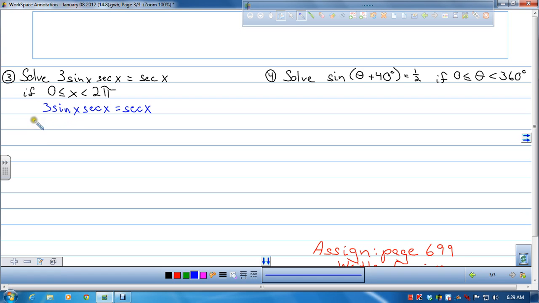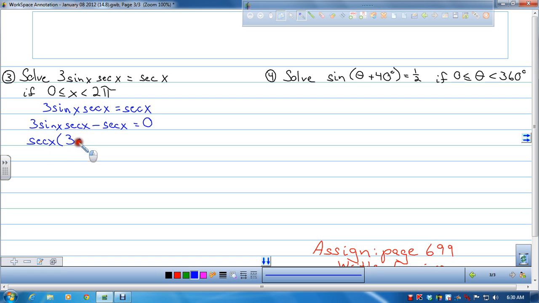So let's do that. Let's change that. 3 sine x secant x, and I would move that by subtraction. So minus secant x, and now that would equal 0. They have in common secant x.